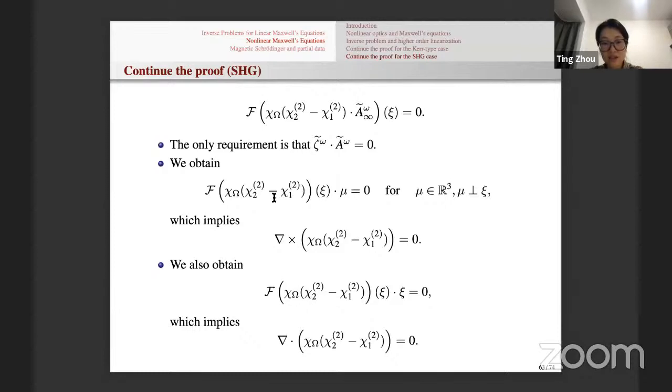Keep in mind they are vector valued functions, and the dot with the perpendicular direction being 0 really gives you the curl of the difference of these vectors being 0. And you can also choose another amplitude, A tilde omega, such that a dot being 0, so that gives you the divergence being 0. So these two together tell you that chi2 minus chi1 has to be 0.